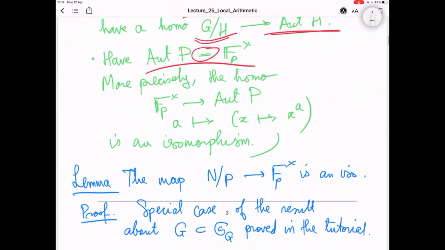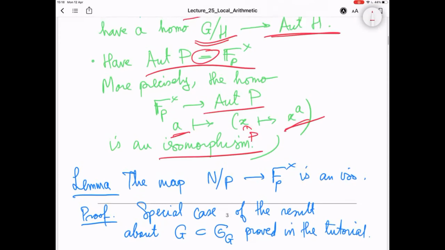It means that I have a map from FP star to the group of automorphisms of P, which sends an element A to the map which takes x in P to x to the power A. And this is an isomorphism. So that's why we can identify Aut P with FP star, and I write equality here.